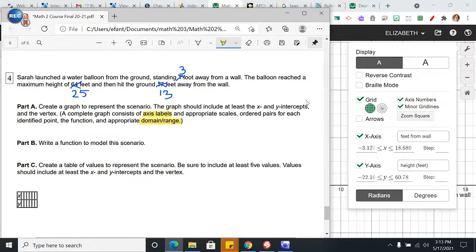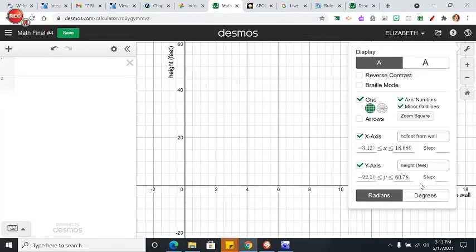So the x-axis is your horizontal feet from the wall, and then the y-axis is your height, how high it is. So we should put maybe, well, let's just put horizontal feet from wall. Okay.